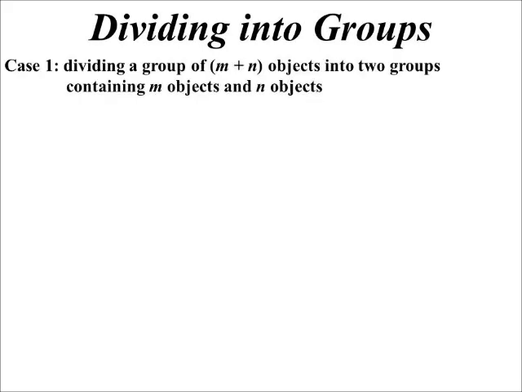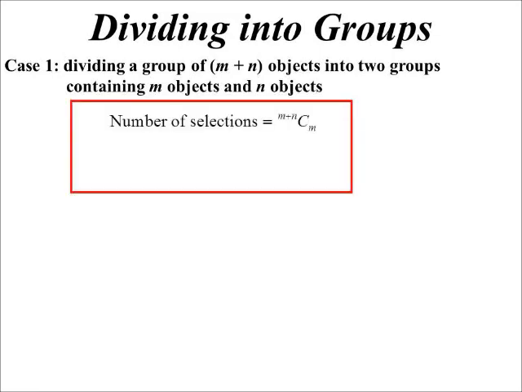Okay, going to look at some other ideas that can help when solving these problems. So the first idea is dividing into groups. If you're going to divide a group of m plus n objects into two groups, one group has m, one group has n, then the total number of selections will be m plus n C m.